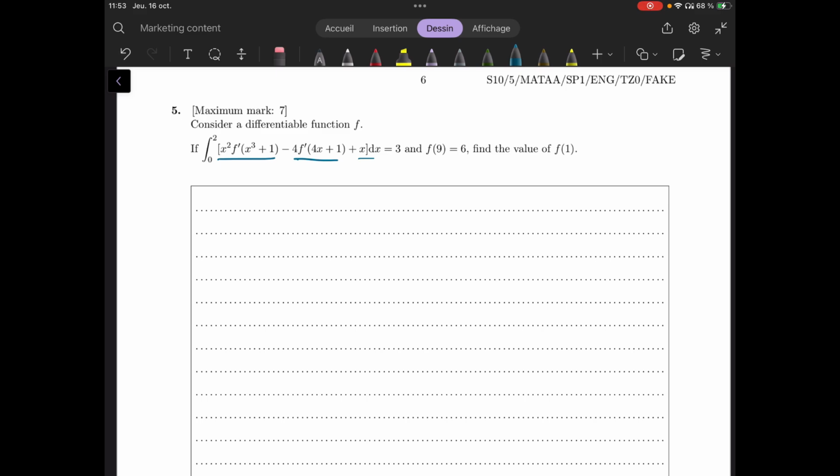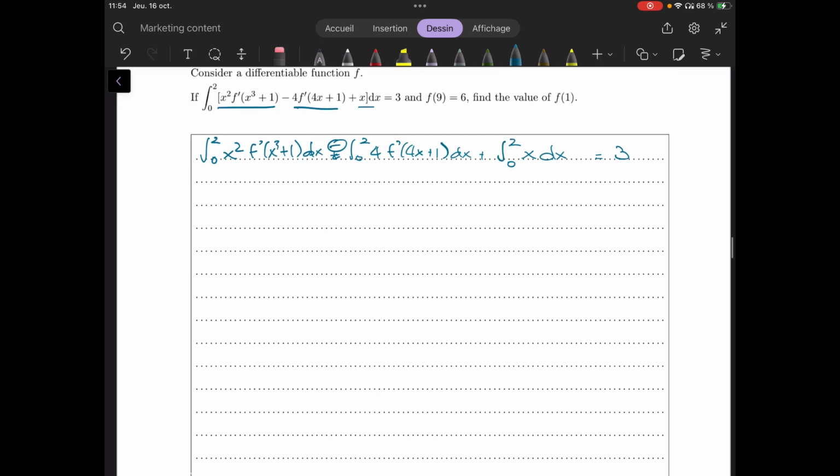Because of linearity of integrals, we can split this up into 3 different integrals. First piece, second piece, third piece.